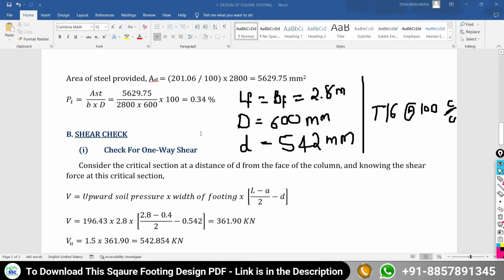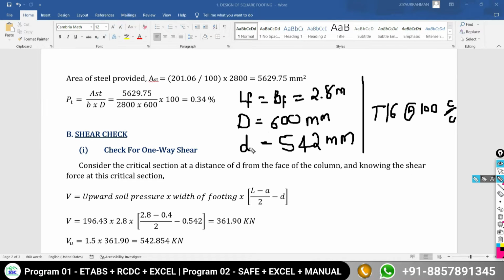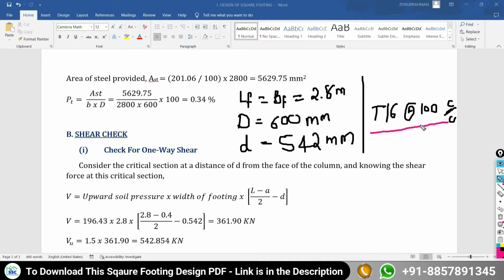Now we have completed the design and we have decided that the length and width of the footing will be 2.8 meter, a square footing. And we have decided that the overall depth will be 600 and the effective depth will be 542 mm. In both directions we will provide 16 mm diameter at a spacing of 100 mm center to center.